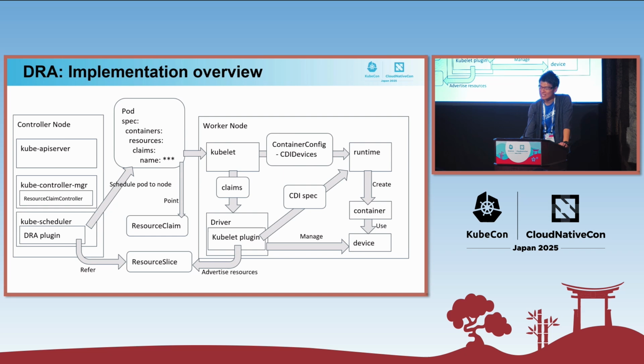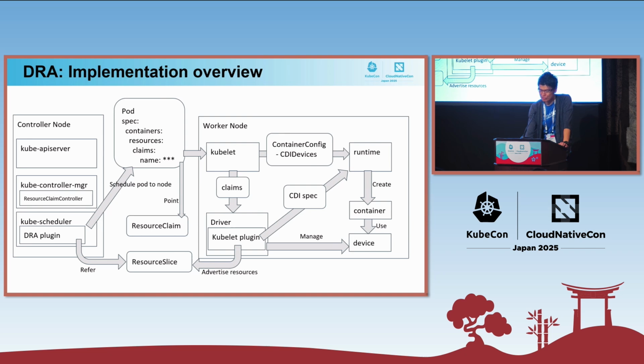With resource slices, the scheduler can see what resources are available, how many resources are available, and where they are located. When a pod is created with a resource claim, the scheduler chooses a node for the pod by referring to resource slices.